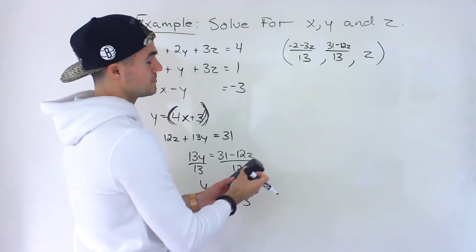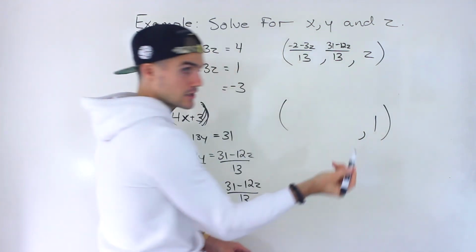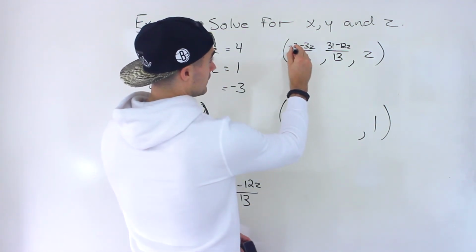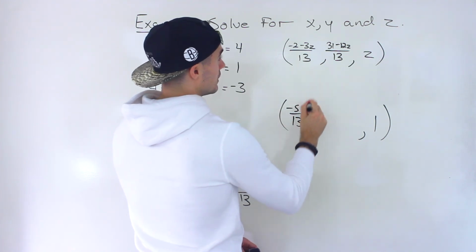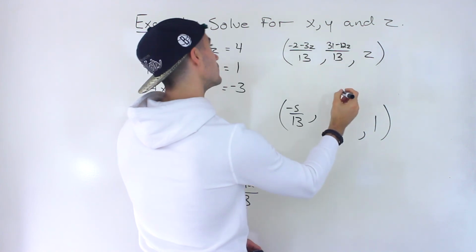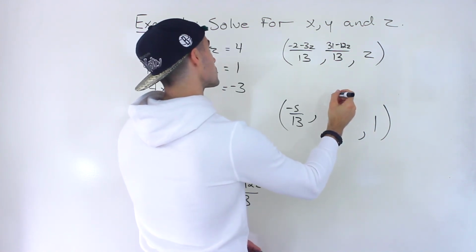In this case, if we picked, again, a simple one to pick is 1. You could pick any real number for z. If we plug in 1, negative 2 minus 3 times 1 would be negative 5 over 13. If we plugged in 1 over here, 31 minus 12 times 1 would give us 19.